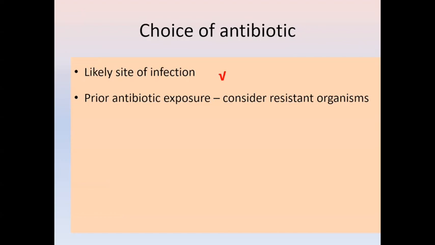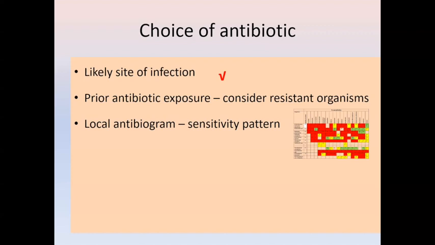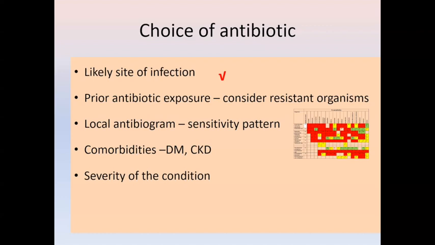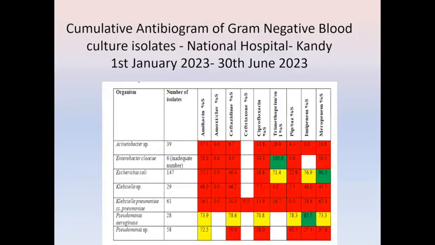As I said, a UTI patient coming from the urology ward is always alarming because they have undergone so many procedures and investigations, where the most common pathogen would not be simple sensitive E. coli or Klebsiella, but could be resistant Pseudomonas, vancomycin-resistant Enterococcus, and so on. Local antibiograms will be available to you. And we have to consider comorbidities like diabetes, CKD, and the severity of the condition. And of course, allergic history, as the previous speaker said.